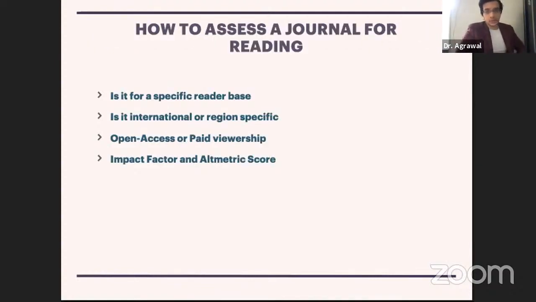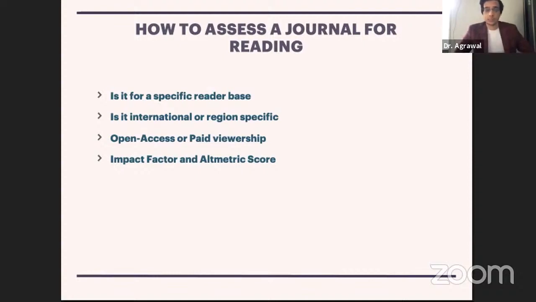We also said, once we spoke about PubMed, we went on to see how to assess a journal for reading. Is it for a specified reader base, whether it's for people who are specializing in surgery, orthopedics, pediatrics, etc.? Is it international or region specific?